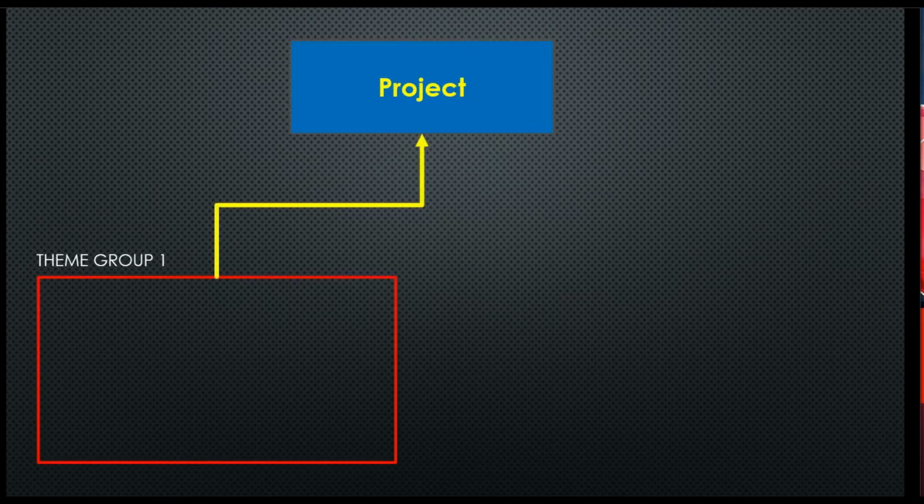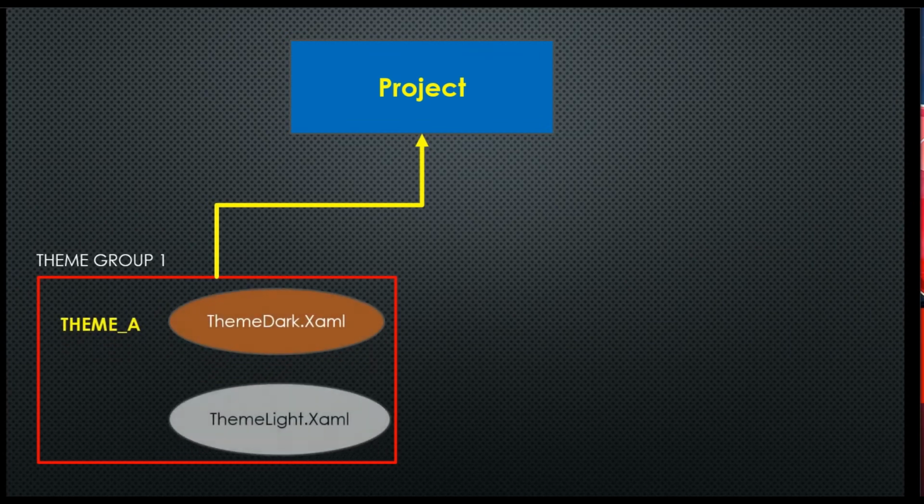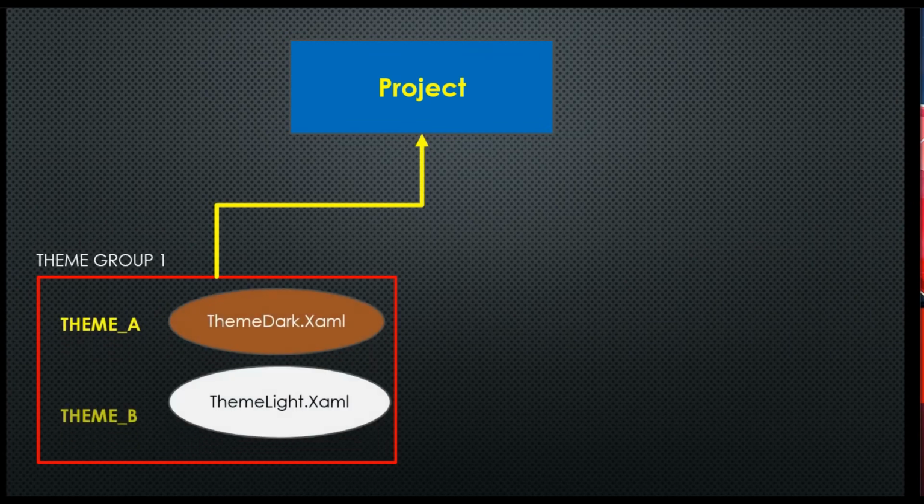When we speak about theme groups, I'm going to show this small PPT. Let's say that you have a project and you have a theme group. So you have a theme A, which is dark, and theme B, which is light.